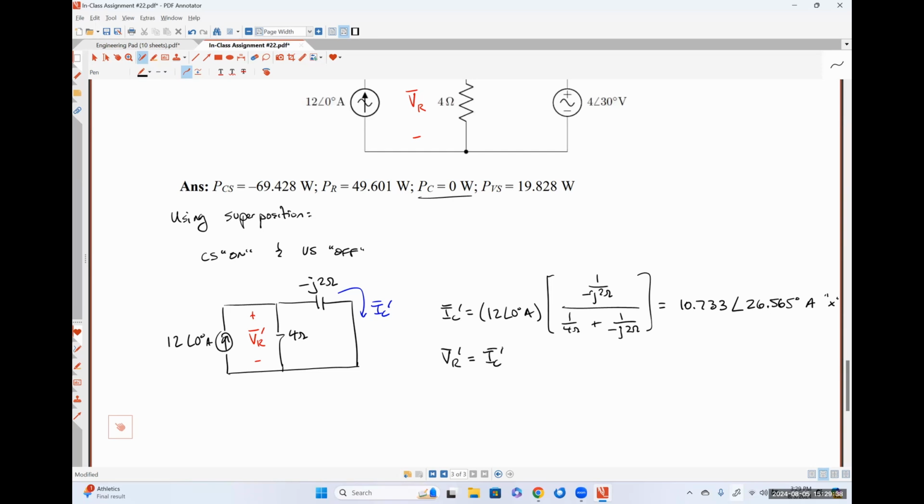So IC prime times negative J2 ohms, which I get to be 21.466 with an angle of negative 63.435 degrees volts, and I'm storing that as Y. Okay. Anybody have any questions or concerns about our circuit analysis for current source on, voltage source off?